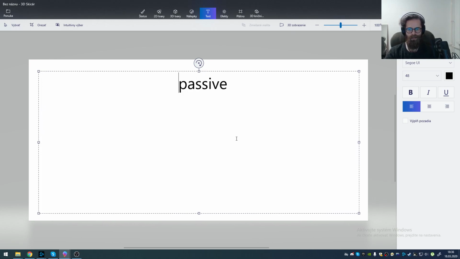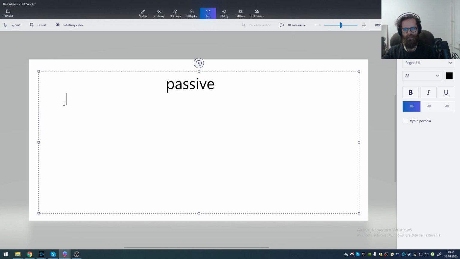Passive comes in handy when you don't really know who performs the action, or it doesn't matter, you don't want to say. You just don't want to use words like somebody or they, not specified words like this, but you still want to make a meaningful perfect sentence. You can use passive. I really encourage you to use it.